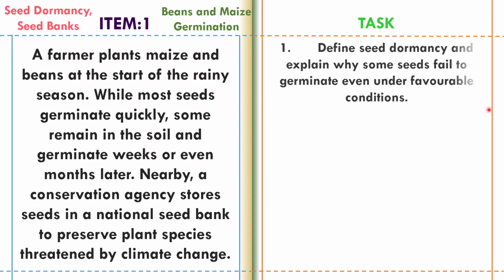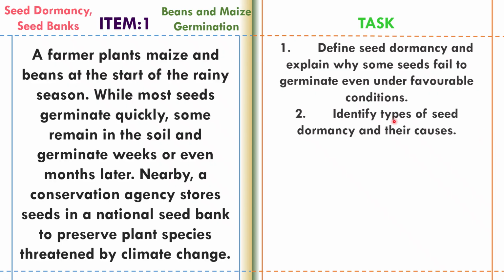Task. 1. Define seed dormancy and explain why some seeds fail to germinate even under favorable conditions. 2. Identify types of seed dormancy and their causes. 3.